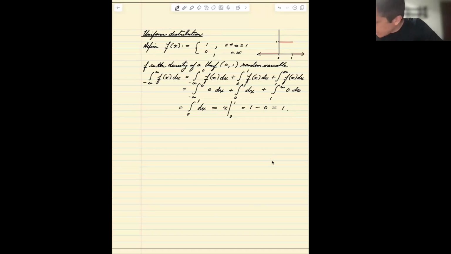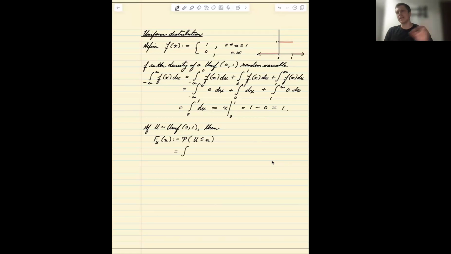Okay, so suppose that U is a Unif(0, 1) random variable, then F of u, the cumulative distribution function, is defined as the probability that U is less than or equal to u.